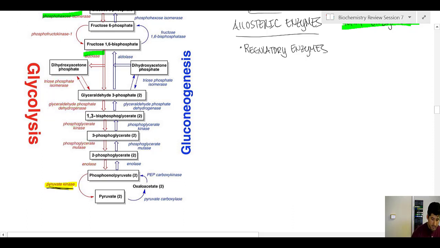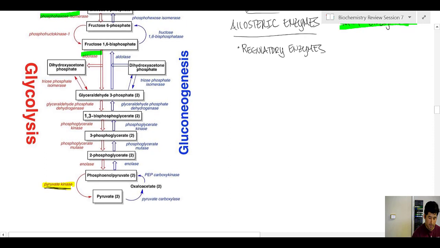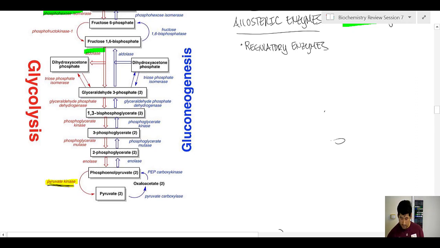What is one allosteric activator that I can put here for phosphofructokinase 1 that we've talked about? Yes, fructose 2,6-bisphosphate. So plus F26BP. What does F26BP do to the activity of phosphofructokinase 1?